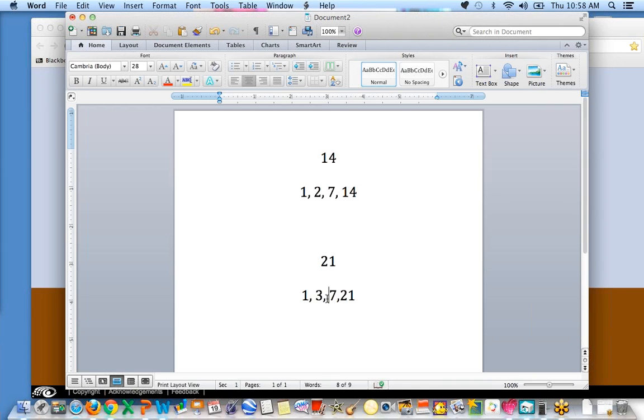What about 6? 6 times 3 is 18. 6 times 4 is 24, so nope, that won't work. So right away, I know that I have all of my factors of 21. Give me a happy face into the chat if this is making sense. These are called factors.